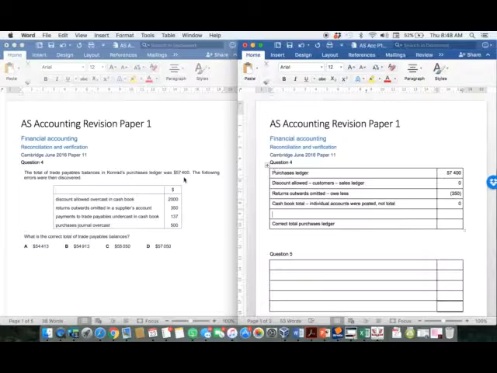The last one, the purchases journal was overcast. Yes, purchases does relate to my suppliers, but yet again, the total is not going to have been posted to the individual accounts in the purchases ledger. So my purchases total, also individual accounts, would have been correct. It's exactly the same reason. So there's a zero balance.